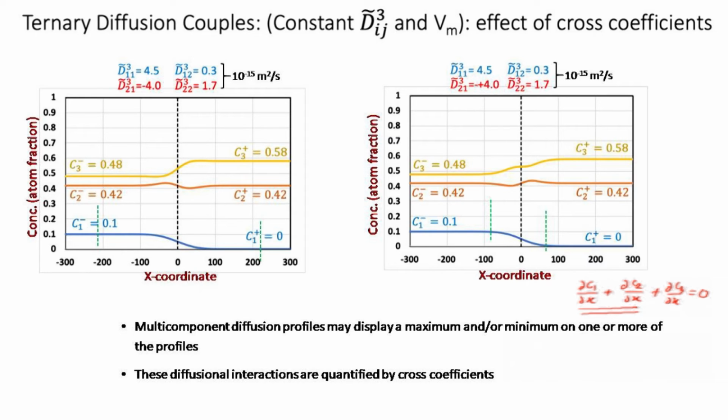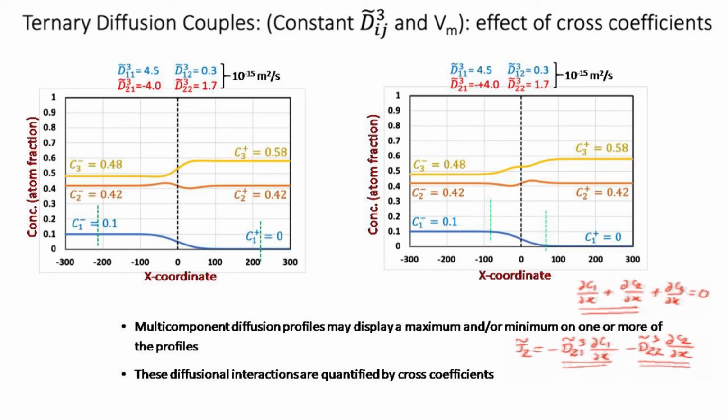Now, let us see what this negative and positive signs mean, right. So, for example, if I write the equation for the interdiffusion flux of component 2, now we can see the contribution is from both the main term, which is this d22 times dou C2 by dou x, and the cross term d21 times dou C1 by dou x.